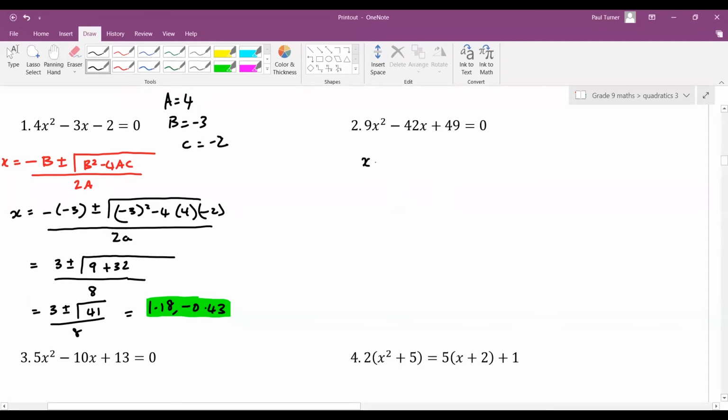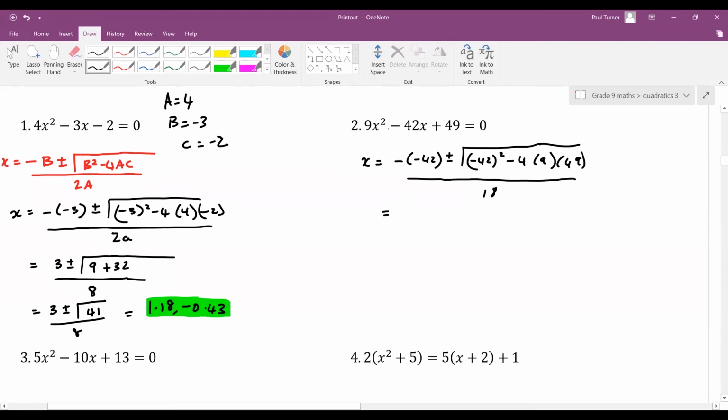So X is minus B, minus -42, plus or minus the square root of B squared minus 4 times A times 49. At this point, you would need your calculator because the numbers are pretty big, on 2A, 2 9s are 18.